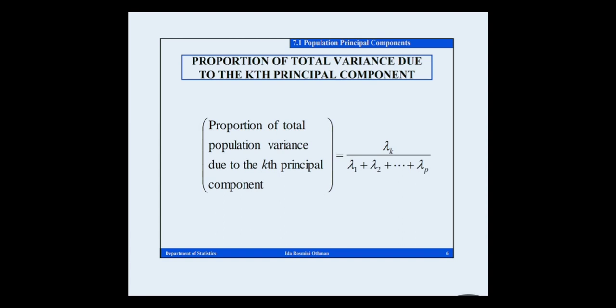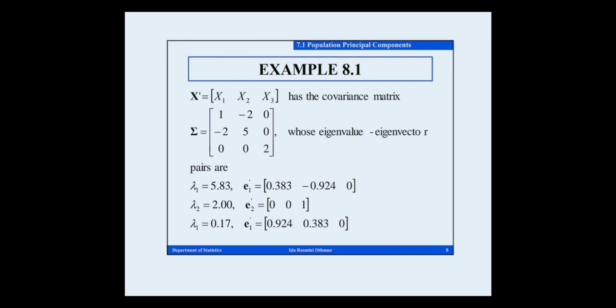So bila you punya proportion you tinggi, bila you calculate kan, we can say that the components yang you check tadi, sama ada first principal component ke, second ke, third ke, can replace the original P variables. So untuk kita nak explain, kita boleh gunakan this principal component untuk replace the variables of x1 or x2 or x3. Let's see the example from example 8.1, example yang sama tadi dekat page 435.